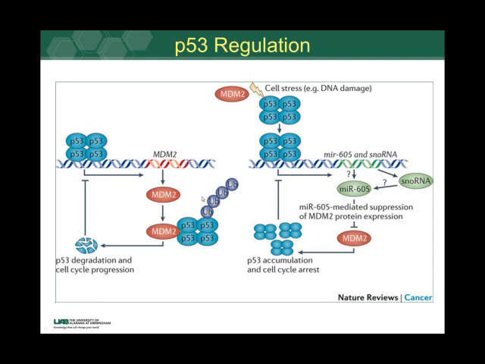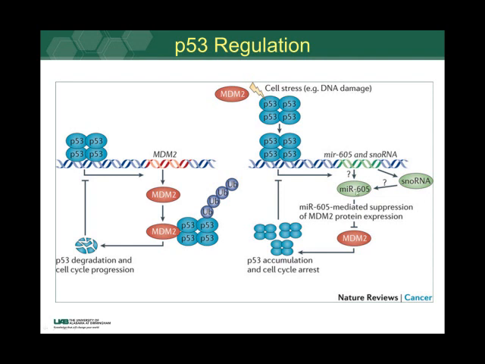Now, these changes occur when there is an insult inflicted upon the cell, and the p53 activation will go up. One of the events that occurs is that p53 gets phosphorylated, MDM2 gets phosphorylated. So now the complex between the two is not formed anymore. p53 tetramer then turns on a number of genes, including the gene for microRNA 605.